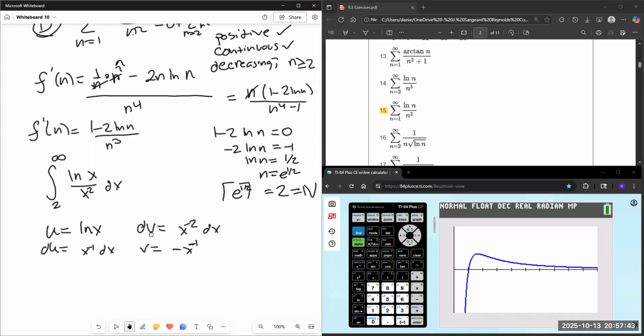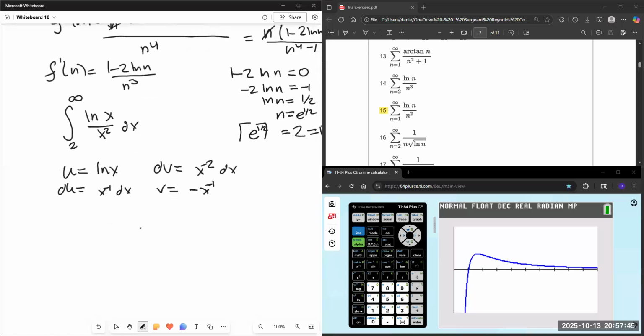So we have uv, so a negative x to the negative first, ln of x. And again, I'm not really allowed to plug in infinity, but I'm going to write that anyways. You know what that means. Minus the integral of v times du.